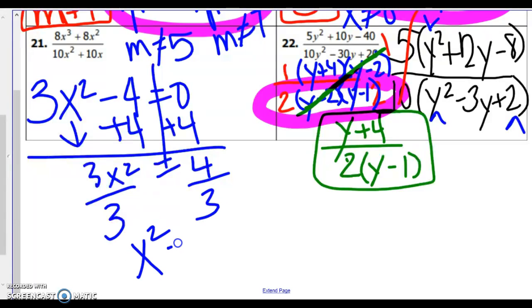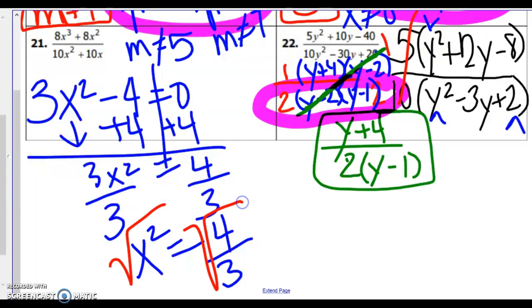So x squared equals 4 over 3. How do I undo x squared? To undo x squared, I take the square root. But we learned a while back that square roots always have a positive and a negative answer. So x equals plus or minus the square root of 4 over 3.